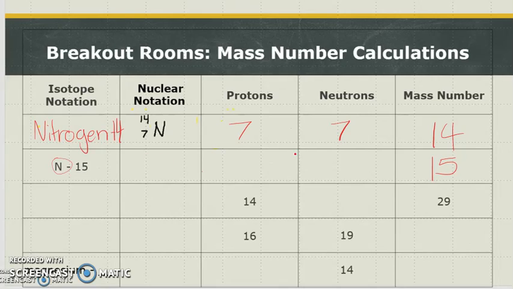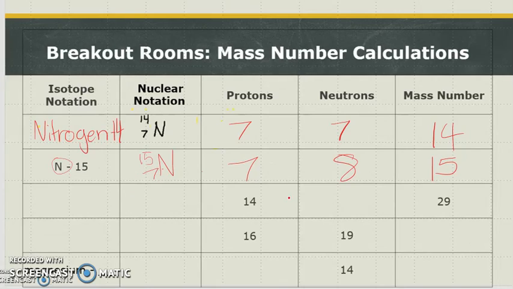So let's take care of that. We know it's going to have 7 protons, and we add 7 to 8 to get 15. So just like that, all we need to do is fill it out in nuclear notation. So N, 15 over 7.